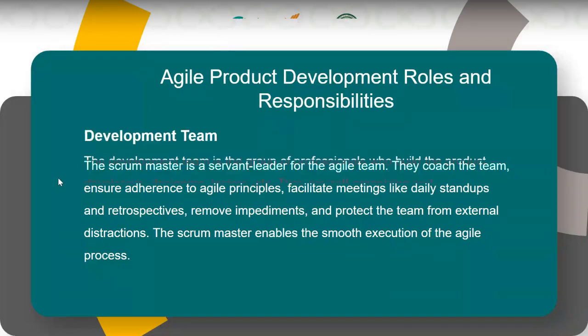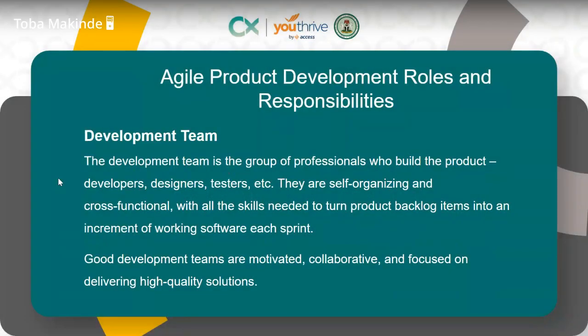So we have the development team. This is the group of professionals, the cross-functional team basically. It could entail the developer, the designer, the tester, and even more. It could be marketers or something like that. They are self-organizing and cross-collaborative, with all the skills needed to turn the product backlog into an increment of working software each sprint.